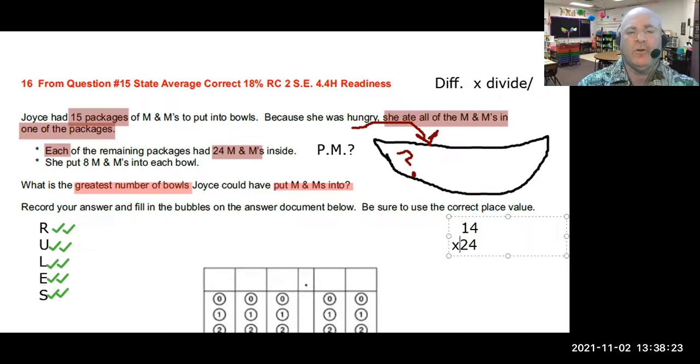So let me draw a little line here so that we can make sure we do this correctly.